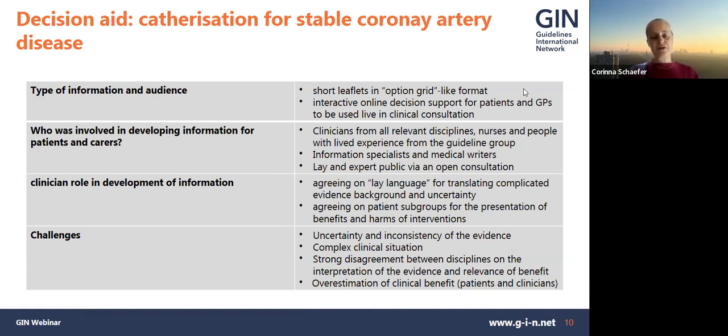And you find very short answers in that table that compare 2 or 3 or more options. So that was the format that we used. And we also translated this into an interactive online decision support tool, as I explained before. So who was involved in developing that kind of information?